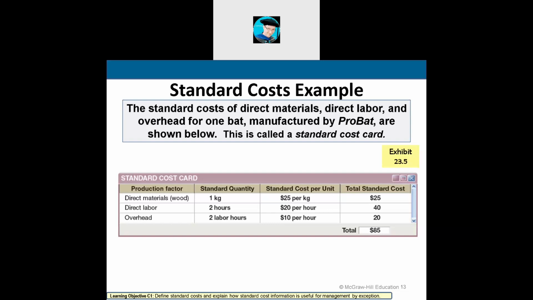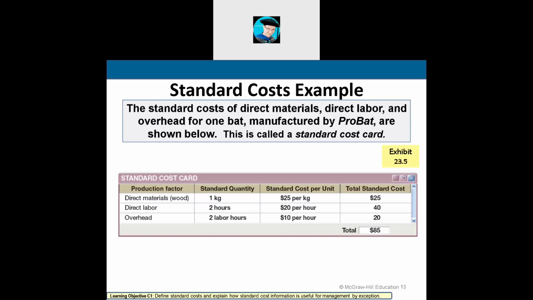For direct labor, it takes me 2 hours to make a baseball bat at a rate of $20 per hour for the employees. Gets me a total standard direct labor of $40 per baseball bat. Factory overhead.